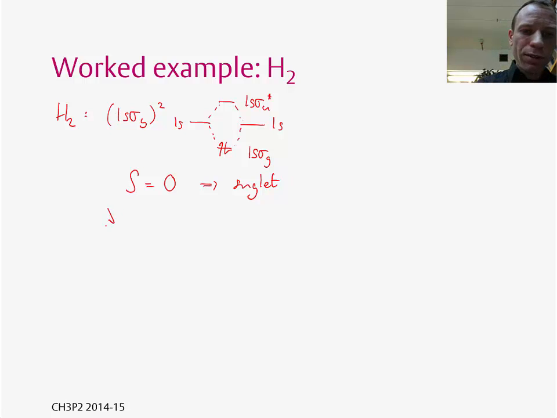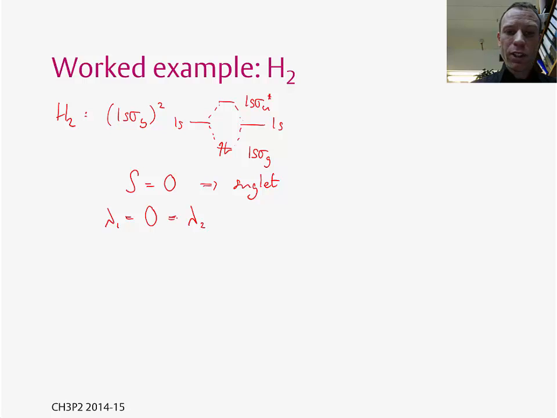So lambda 1, so the first electron is in a sigma g orbital, and so this is going to have a lambda value of 0 because it's made from s orbitals, so there's no orbital angular momentum, and the other electron also comes from an s orbital, so lambda 2 is also equal to 0.